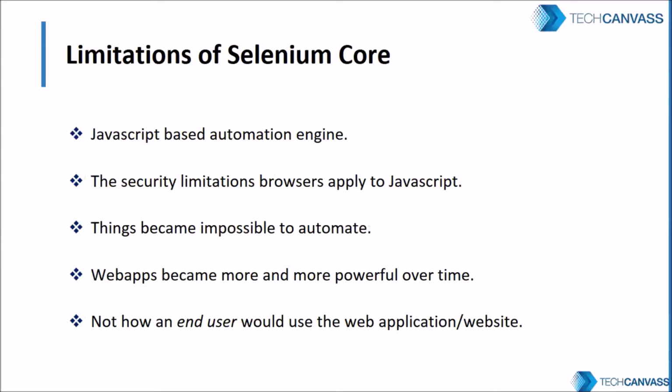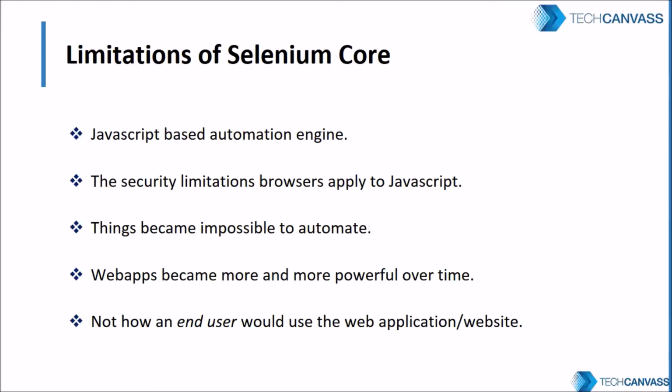This has certain challenges and limitations. There were security limitations, because browsers apply a lot of security restrictions to JavaScript, as it is very vulnerable, and our product is very easily exposed if it allows very loose JavaScript execution. Also, things became impossible to automate because web apps were becoming more and more powerful over time.